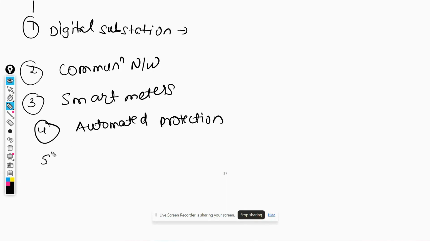Then the fifth technological advancement was the geographic information system. So, students, have you ever used Google Maps? Google Maps tells us the exact location of roads, hospitals, and restaurants.